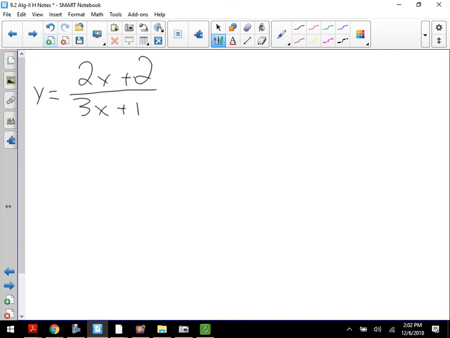Okay. So your vertical asymptote's at x equals negative 1/3. Horizontal asymptote then at 2/3 for y.